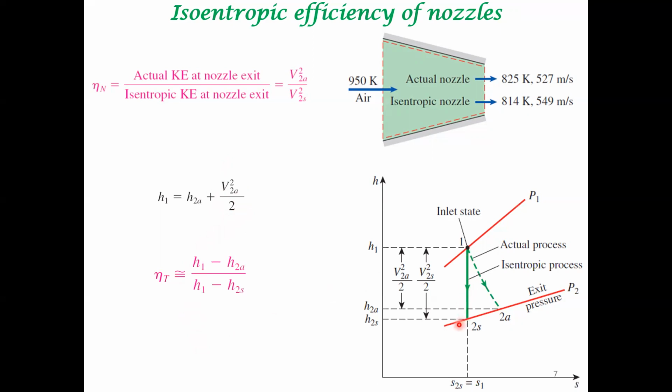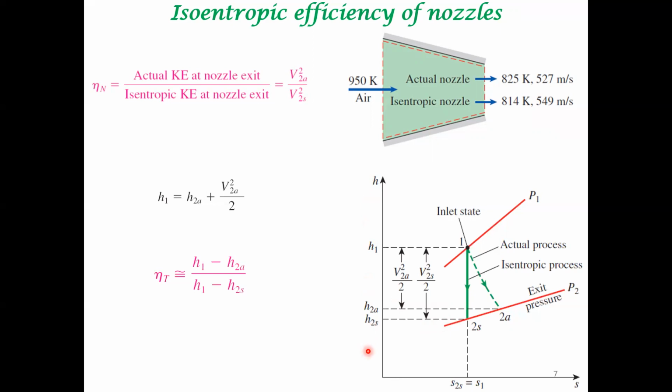isentropically. Therefore, in the Mollier diagram, the enthalpy of the outlet stream is lower. That means the difference between this and this is the kinetic energy gain of your flowing system. This kinetic energy gain is greater because your exit enthalpy is lower.